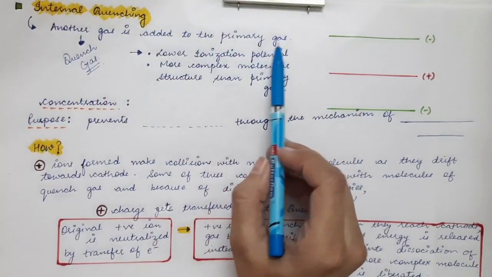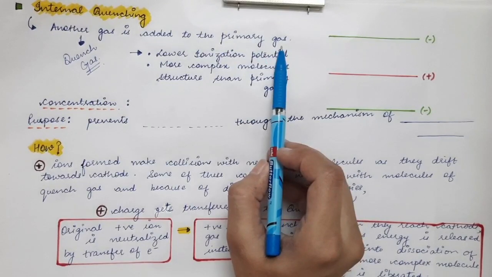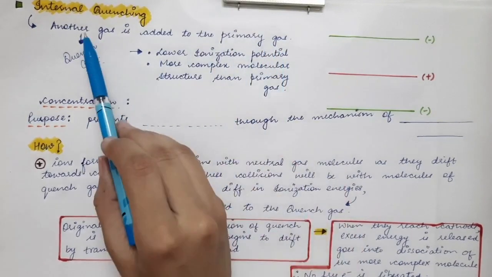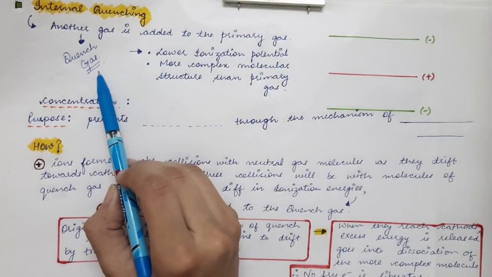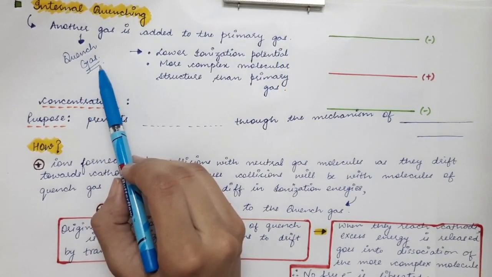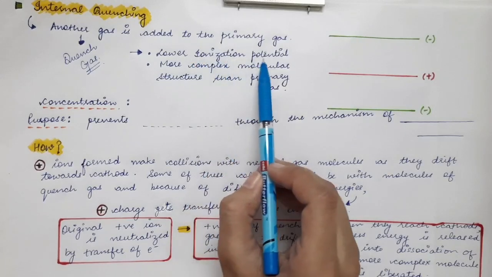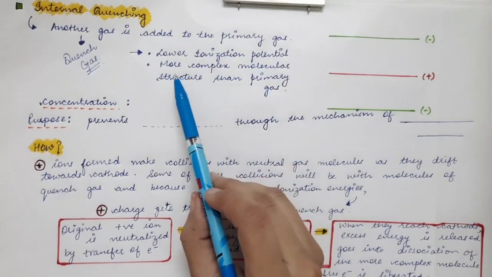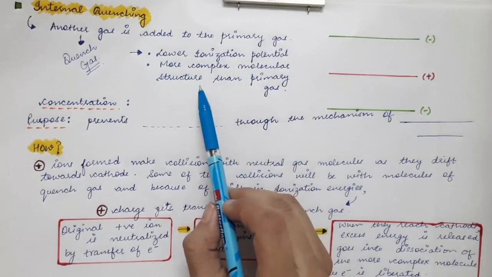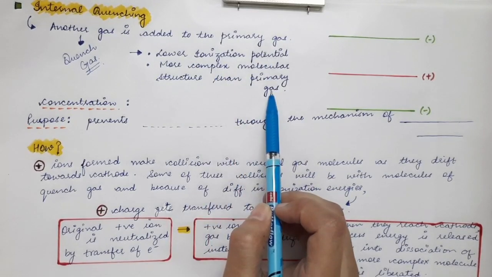So in addition to the primary gas, we have quench gas. This quench gas is chosen such that it has lower ionization potential and a more complex molecular structure than the primary gas.